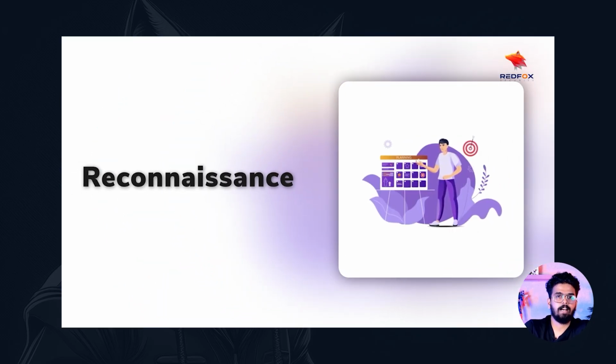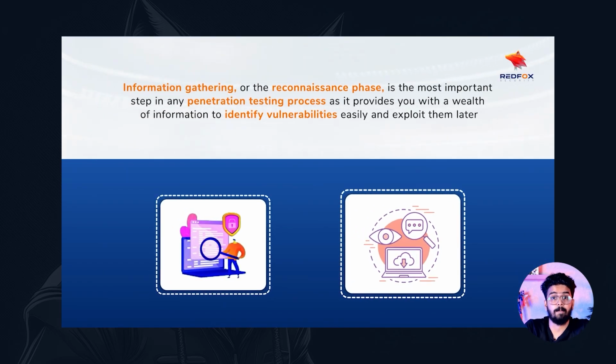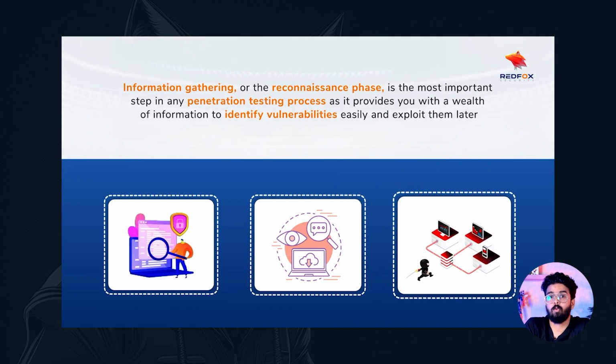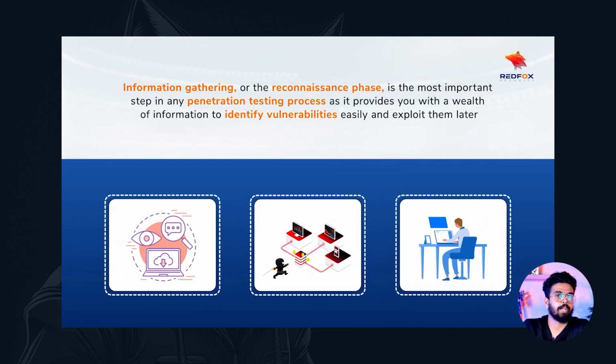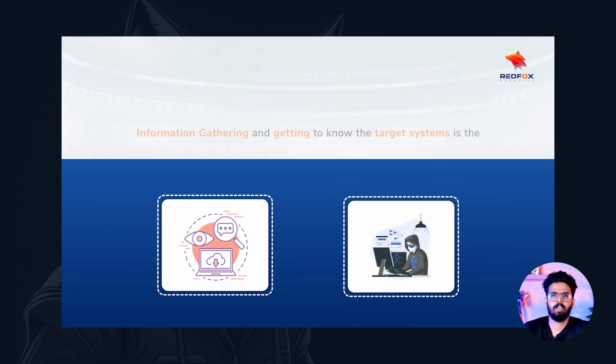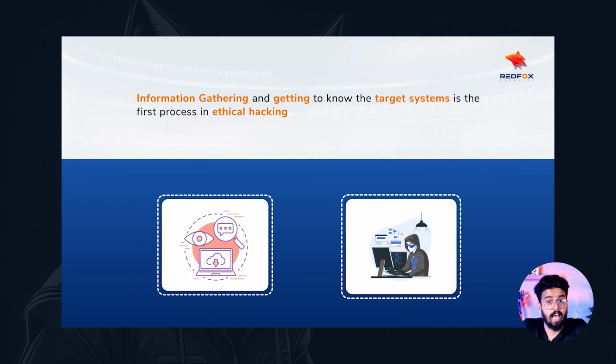Now let's get an understanding about reconnaissance. Information gathering or reconnaissance phase is the most important step in any penetration testing process, as it provides you with a wealth of information to identify vulnerabilities easily and exploit them later. Information gathering and getting to know the target system is the first process in ethical hacking.